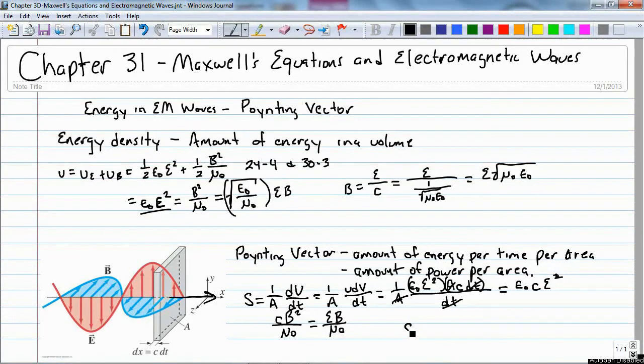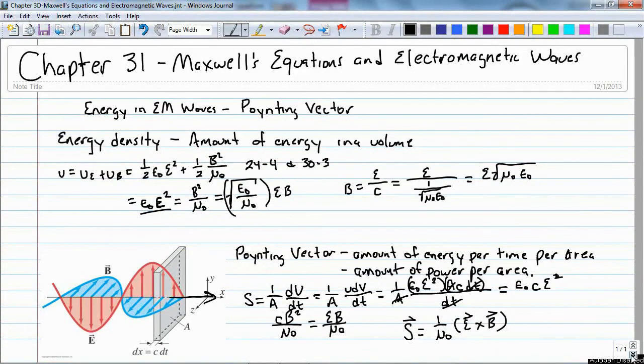So we can define a Poynting's vector, S vector, equal to 1 over mu naught times the cross product of the electric field cross magnetic field. Remember that a cross product means that the result is perpendicular to both the E and the B field, and the only direction we can have that happen is along the x-axis based on the way we have our orientation in the drawing.